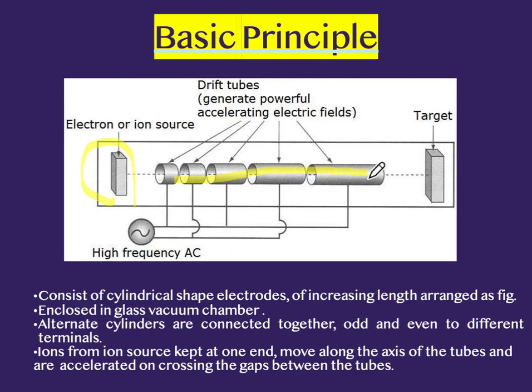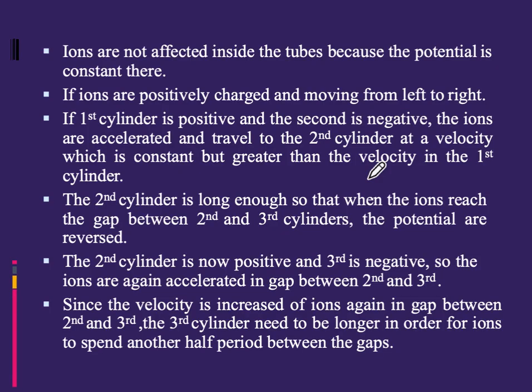Alternate cylinders are connected together, odd and even, to different terminals. Ions from the source at one end move along the axis of the tubes and are accelerated on crossing the gaps between the tubes. Ions are not affected inside the tubes, because we already learned the mathematical formulas for this, and the potential there is constant.